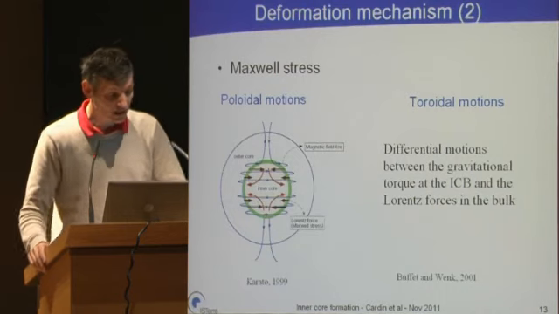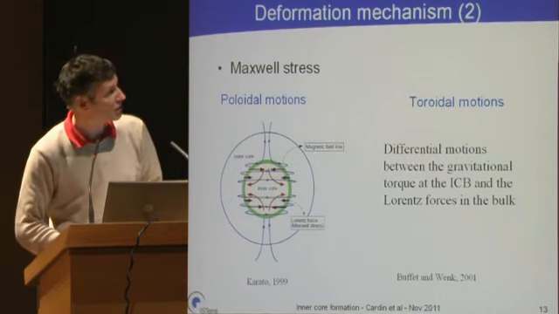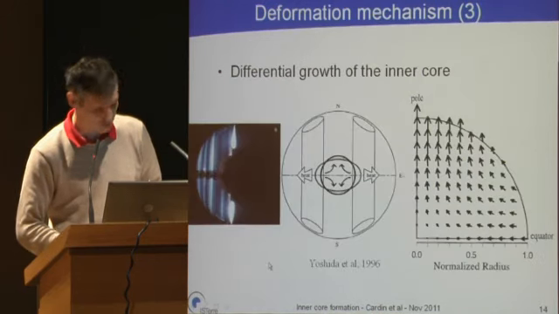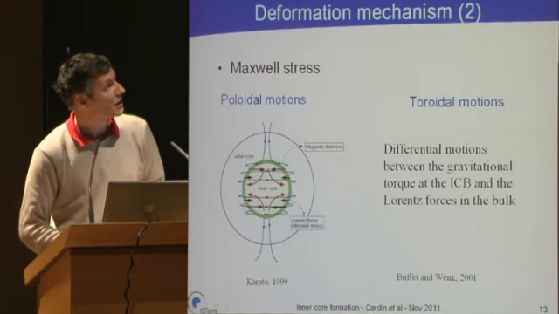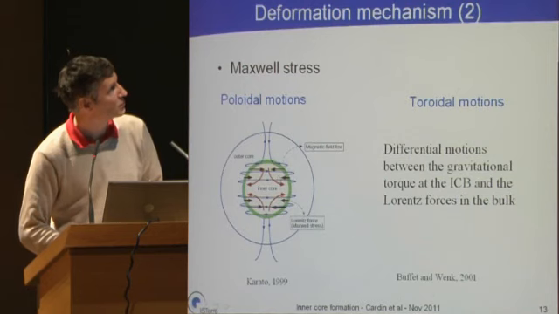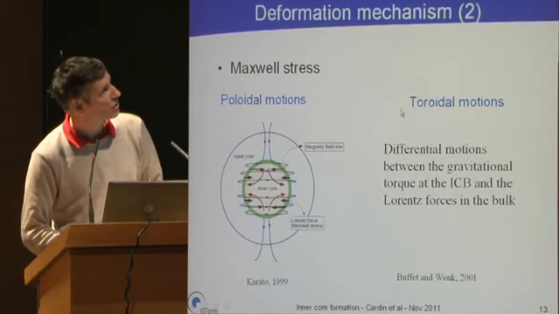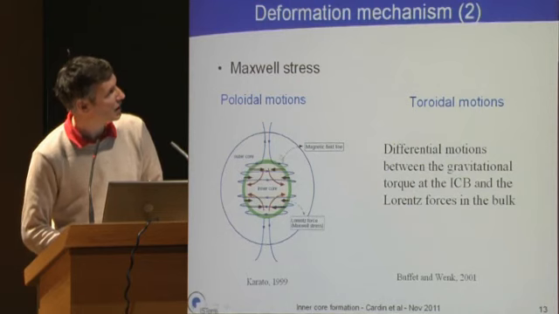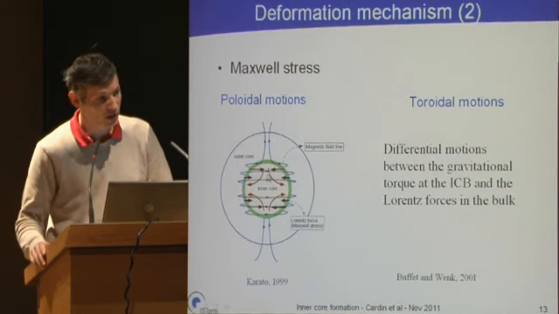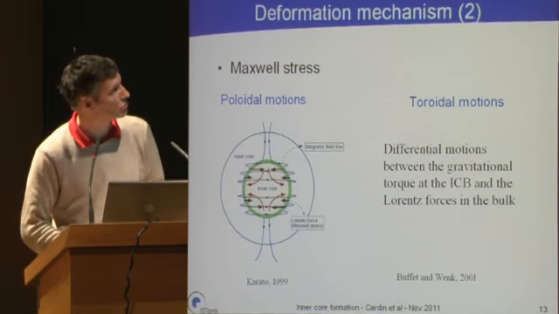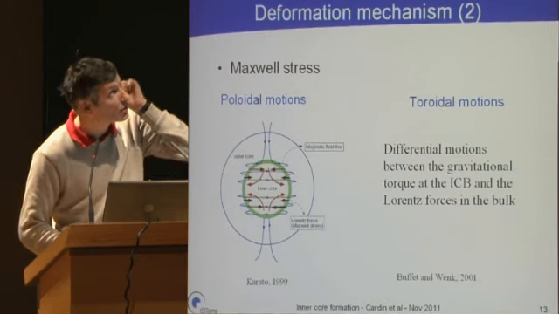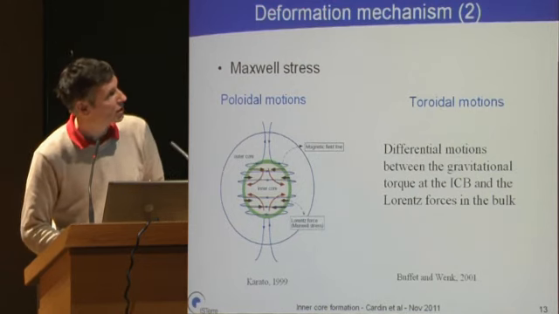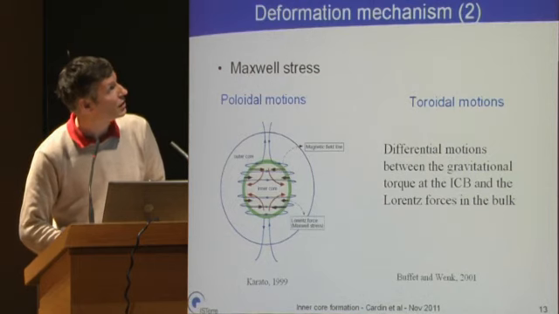Also, the magnetic field has been proposed by Karato in 2000, associated with the poloidal motion, associated with the toroidal magnetic field lines, but this has been thought to be too low a motion to produce any deformation texturing.